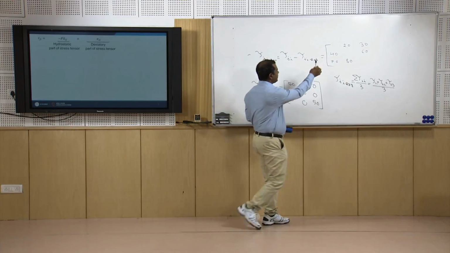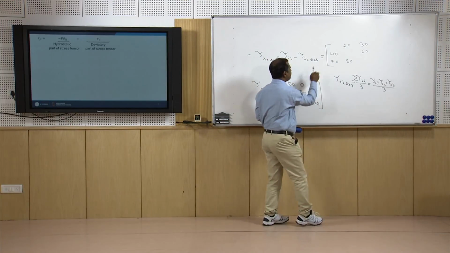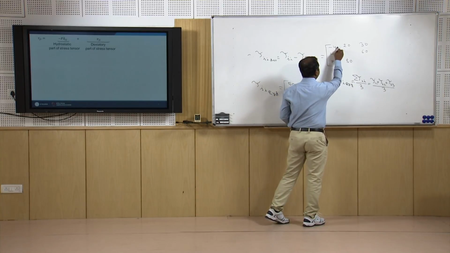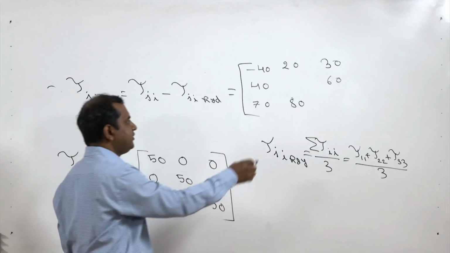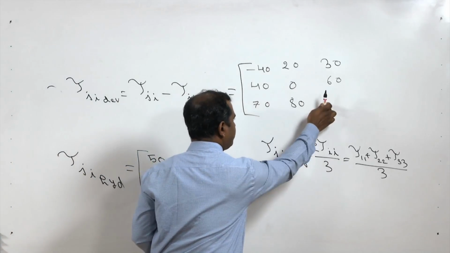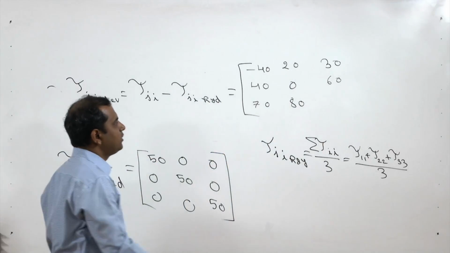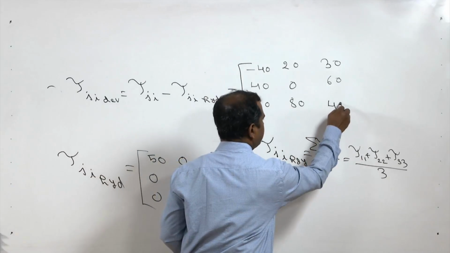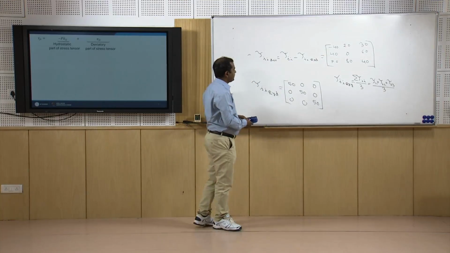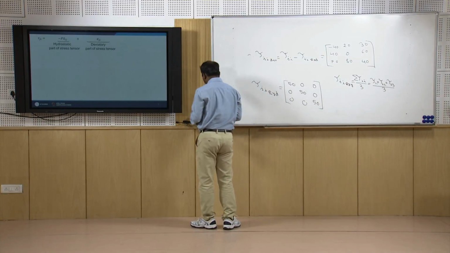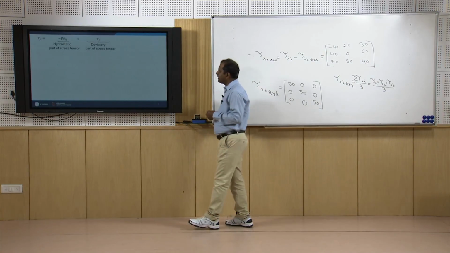At the first place we had 10, so 10 minus 50 becomes minus 40. This term becomes 50 minus 50, that means 0, and this term becomes 90 minus 50, which means 40. So, this becomes my deviatoric part.